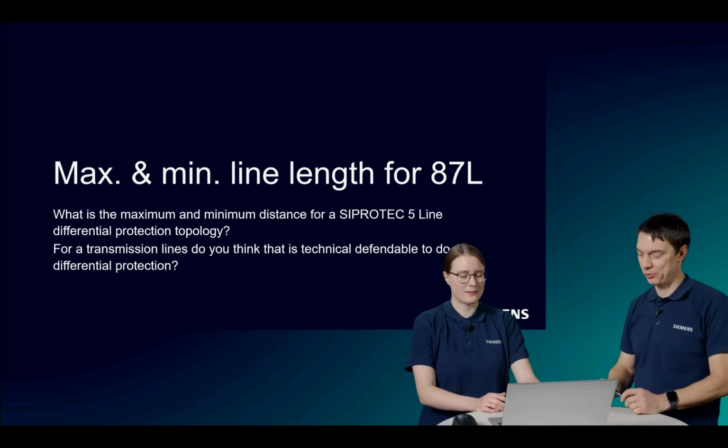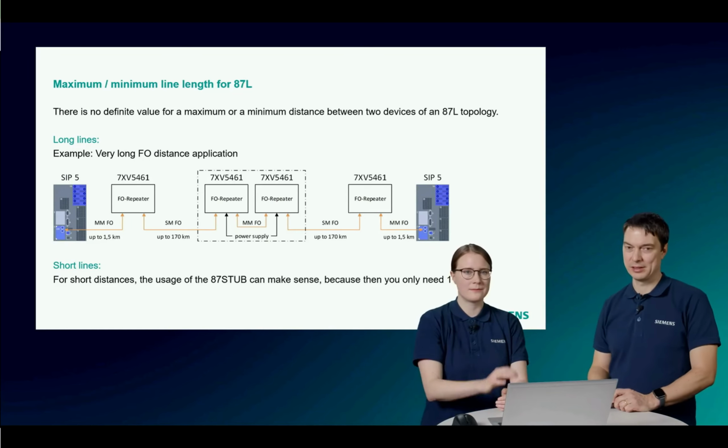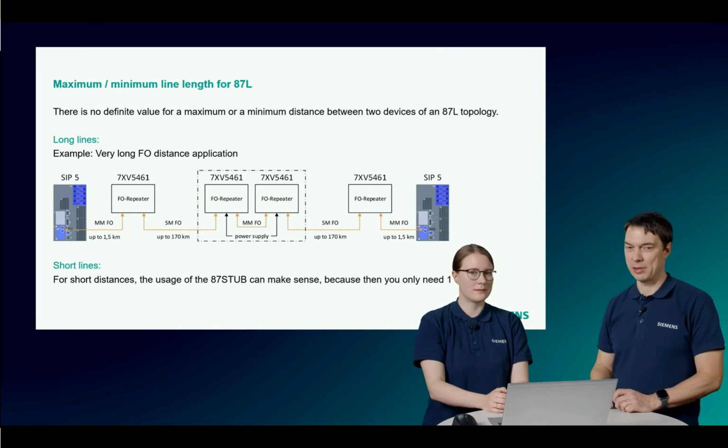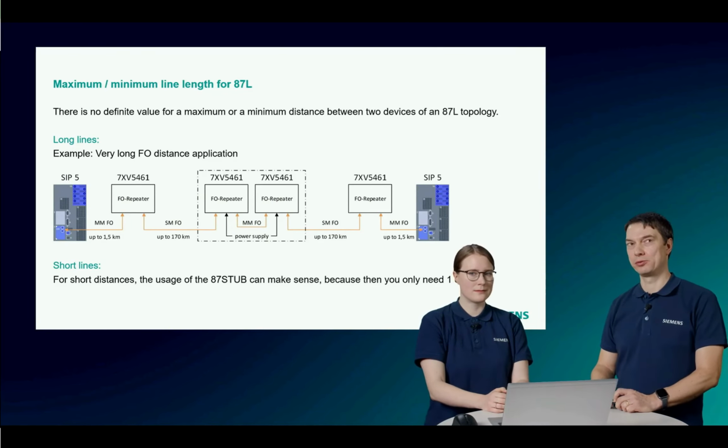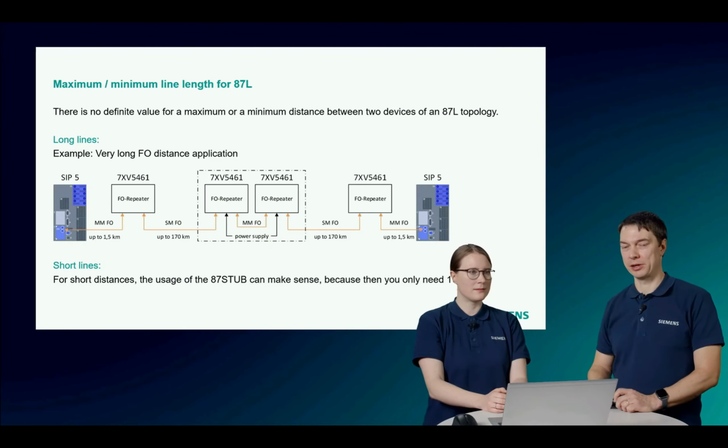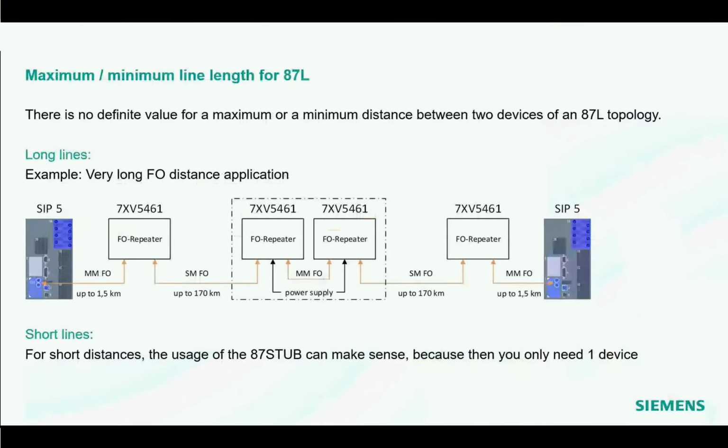Okay, for the first topic, regarding the maximum line length for the unit protection, line differential protection, maybe the communication path is the limiting point. There is no definite value for a maximum distance between two devices for the line differential protection. The limiting factor is the communication modules and the options you have.